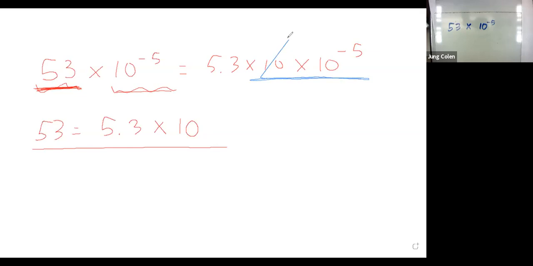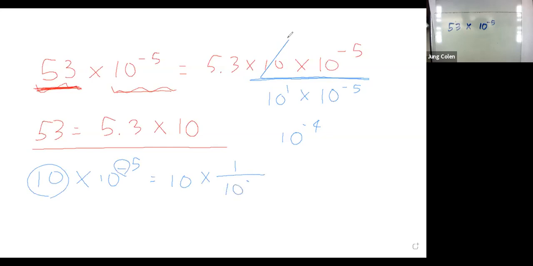This is 10 to the 1st power, right? 10 to the 1 is 10, and 10 to the negative fifth power, so it is 10 to the what power? Negative fourth. You can just add the exponents in multiplication with the same base. Or if you don't remember that, you can do it this way. 10 times 10 to the negative fifth power is 10 times 1 over 10 to the fifth, since a negative power means 1 over.